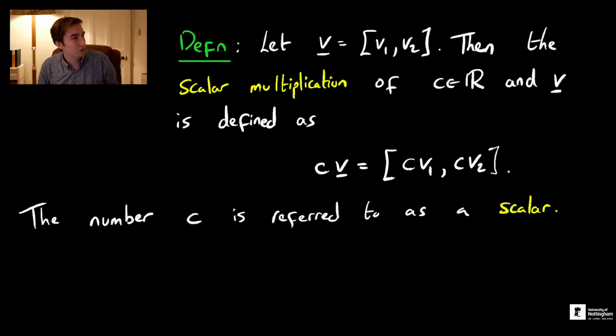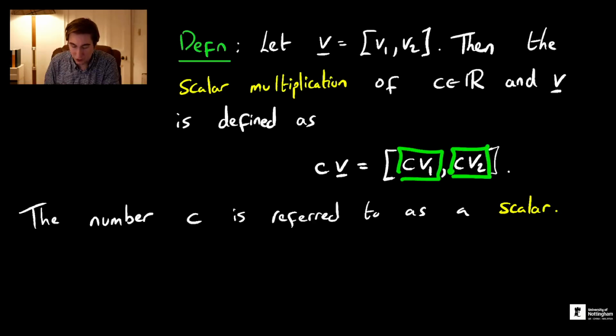And again, it's important to know that the multiplication here of c and this vector is not the same as this multiplication here. This multiplication here is the multiplication of two real numbers, because c is a real number and v1 is a real number, and likewise c is a real number and v2 is a real number. So this is the standard multiplication you know from primary school.